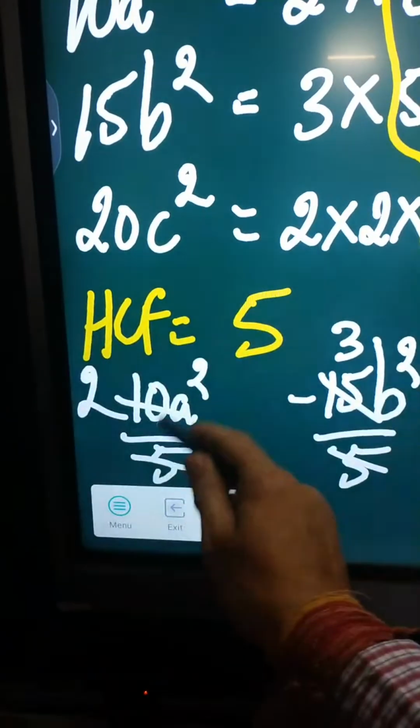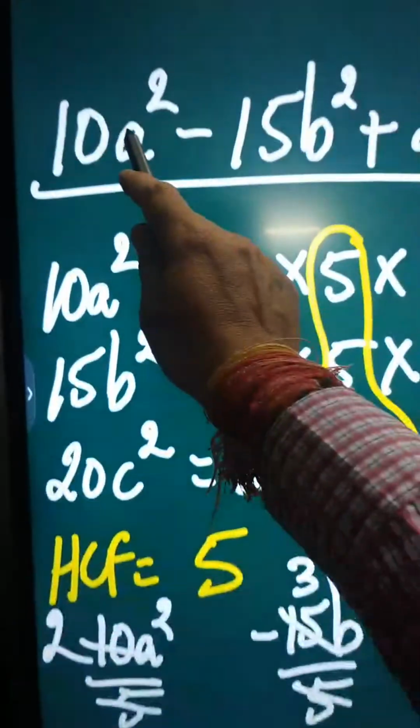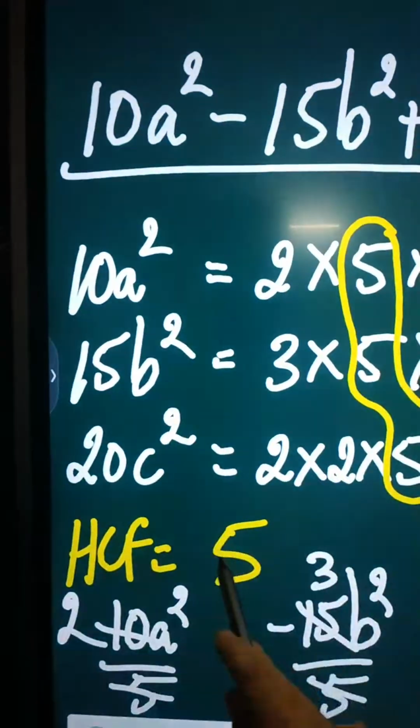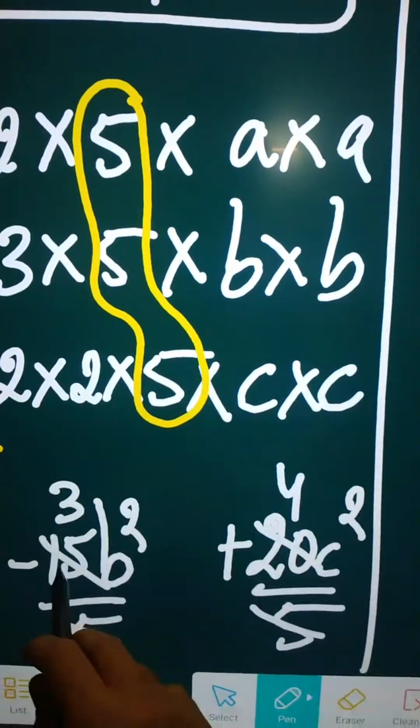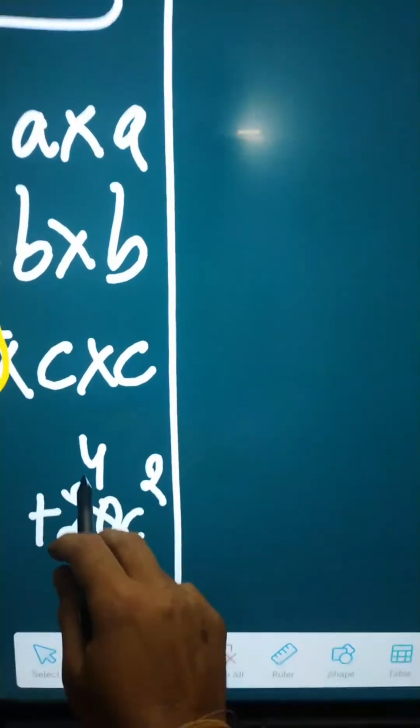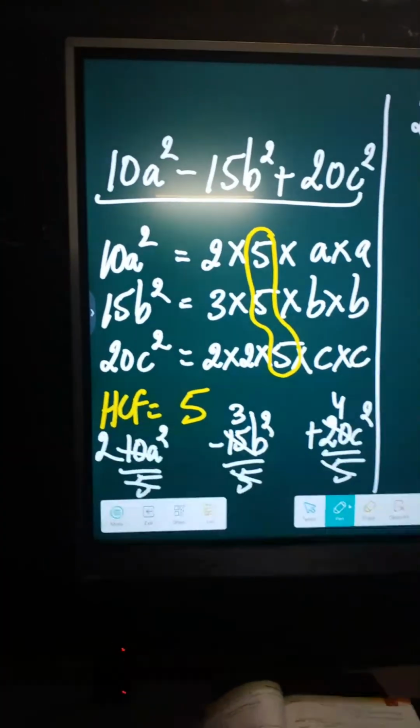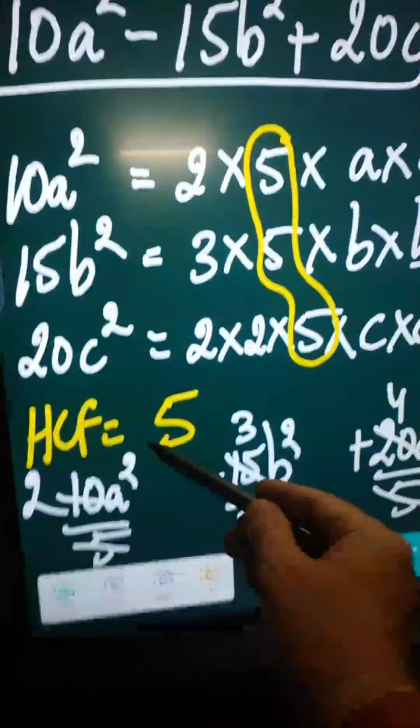So what do you get when you divide? 10a square divided by 5 gives 2a square. The next term, minus 15b square divided by 5, gives minus 3b square. And 20c square divided by 5 gives 4c square. How do you write the answer?